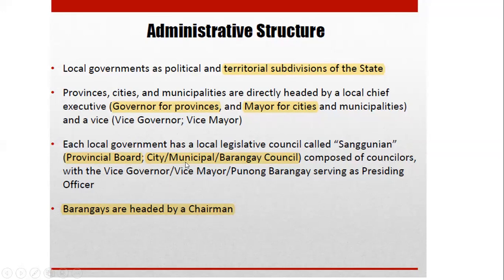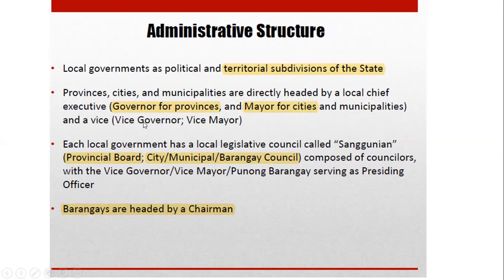For city, municipality, and barangay, they are called council. So we have city councilors, municipal councilors, and barangay councilors or kagawad. They make the laws, tax laws or other laws, for their respective jurisdiction.